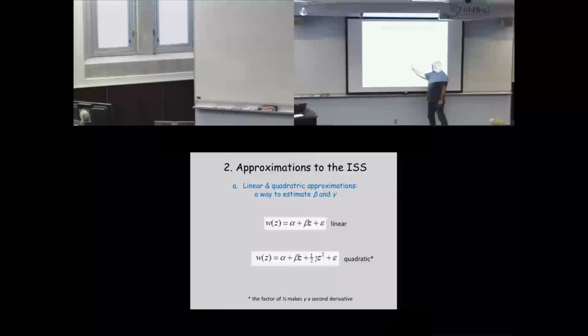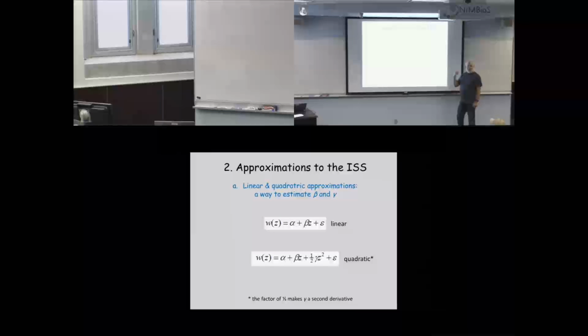This looks like a familiar second order polynomial or quadratic approximation. If we put a coefficient of 1/2, that makes gamma equivalent to a second derivative, which is useful for our purposes, because that's what gamma is. We know that from the calculus definition of gamma, from the algebraic expression I showed you a minute ago.